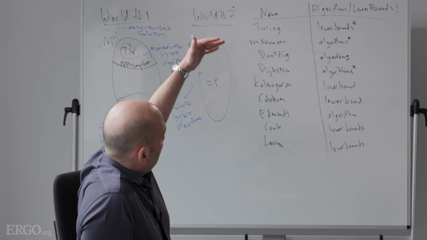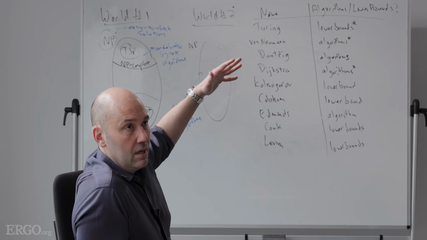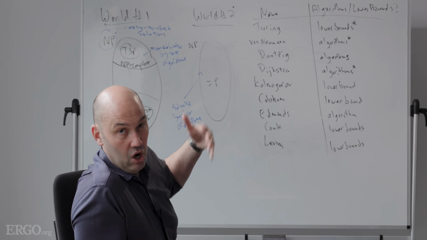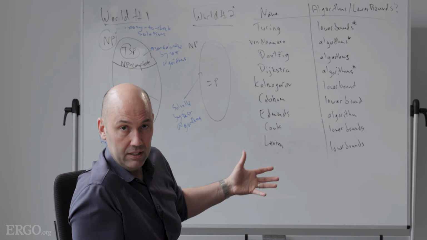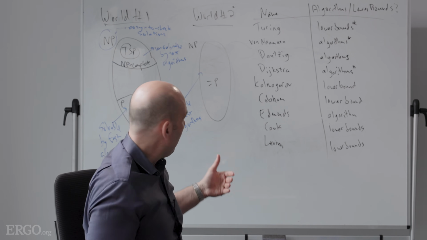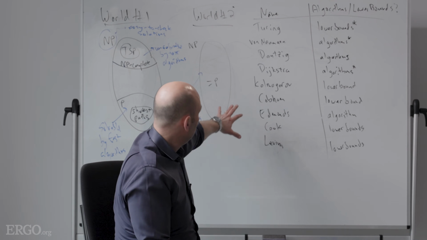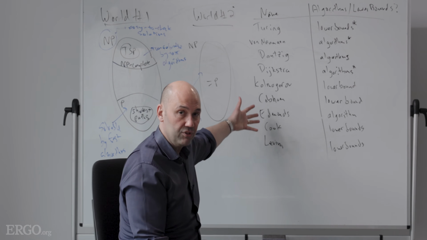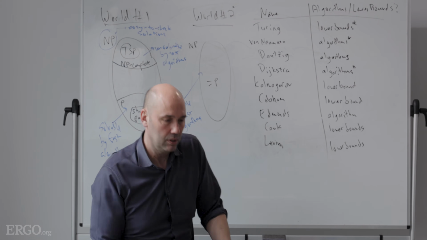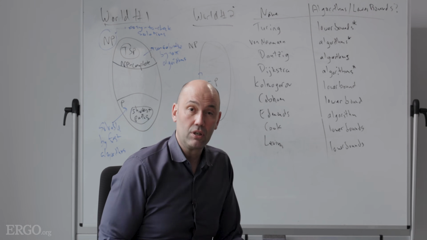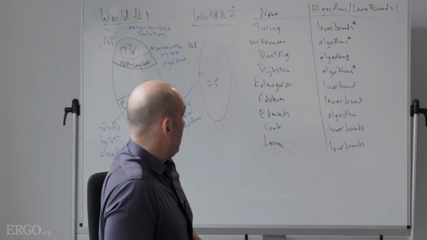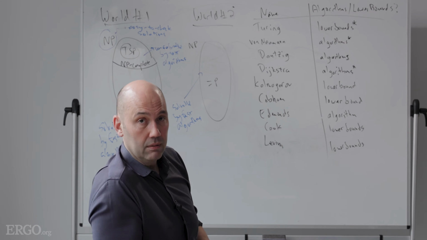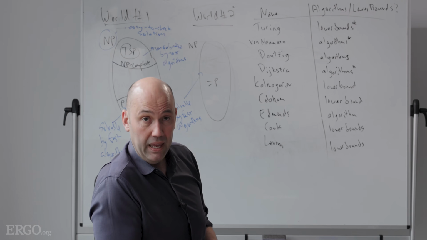And through the 40s, 50s, and 60s, these two threads of research evolved largely independently, largely by different groups of people. There are points of contact, right? Cobham and Edmonds, independently, came at the same concept of polynomial time computation as a way to express efficient computation. But these were largely distinct, evolving independently.